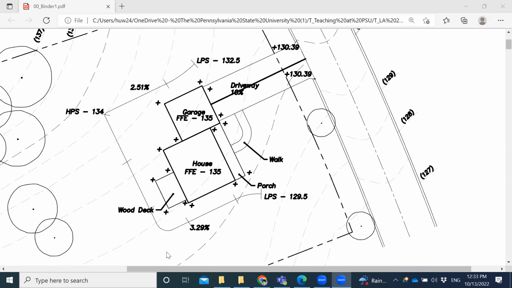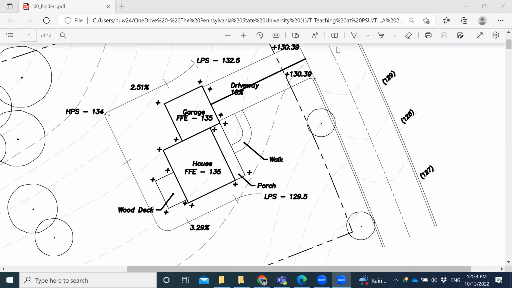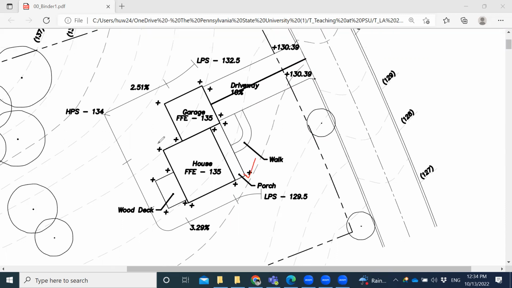It could just be placed on the turf at the back of the house. So the wooden deck, you would not need all these ground elevations. Okay, then that one's necessary, so that's good. The other ones, they are marked correctly. Not necessary to mark the ground elevation for the wooden deck.